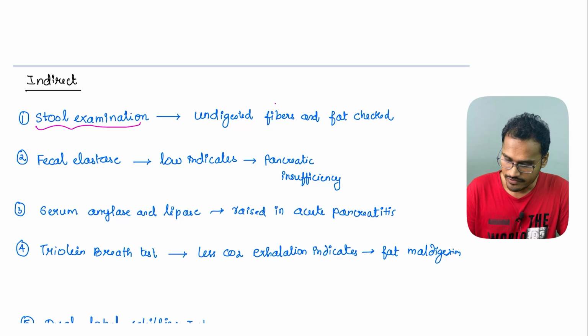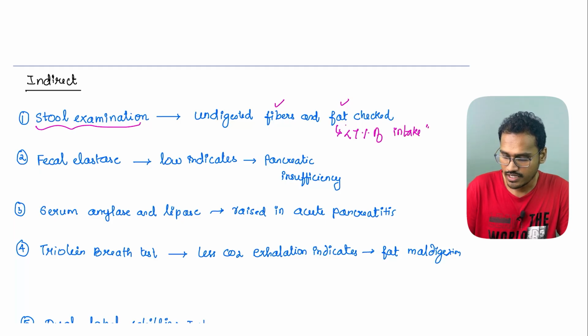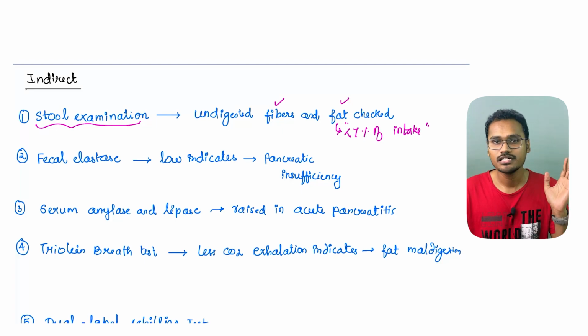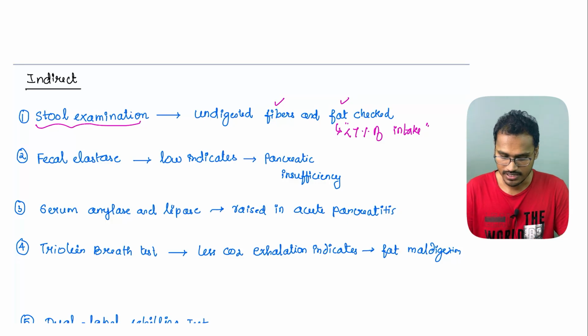So undigested fibers and fats can be checked, and generally this fat level should be less than 7% of intake. If you give a known amount of fat and do the stool examination, if it is less than 7%, it means that pancreas is functioning properly. If it is more than 7%, it means that the pancreatic enzymes are not actively secreted.